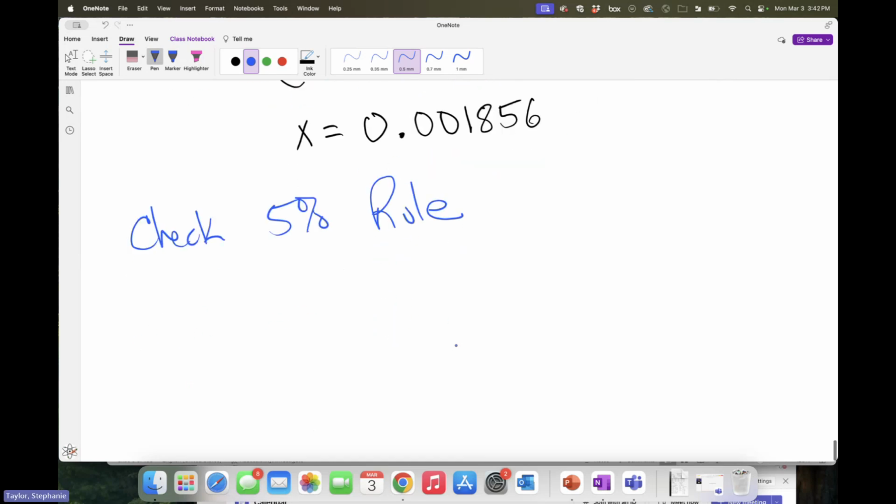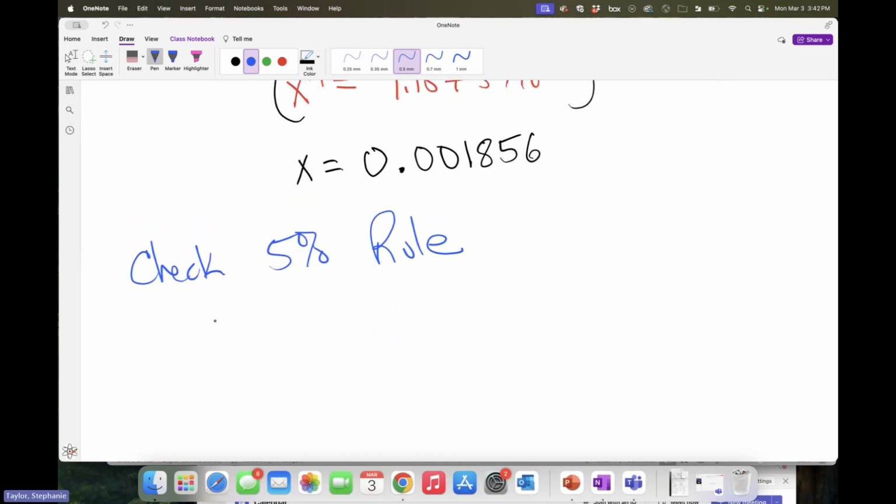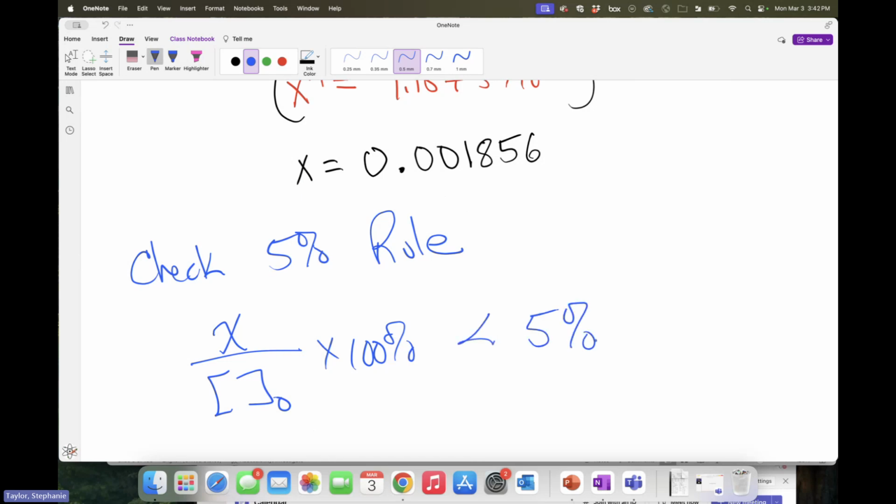When I check the 5% rule, I'm going to take the change, x, divide it by the initial concentration, and multiply by 100%, because this is a 5% rule. And what I want is for that to be smaller than 5%. We use the big analogy of a billionaire, however much money they've got, loses $1. That is one way to think about it.